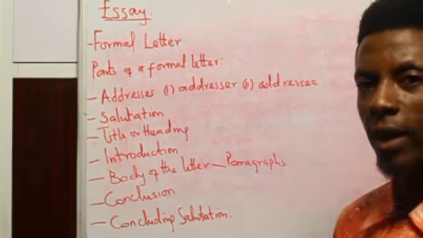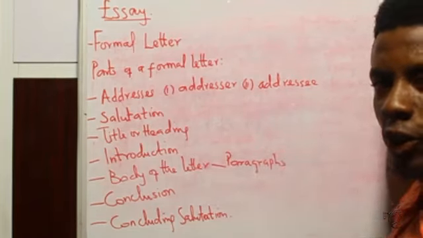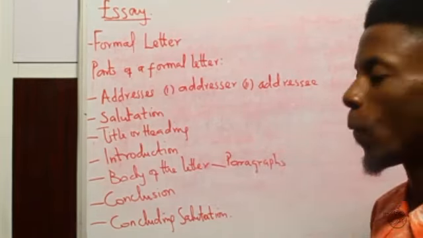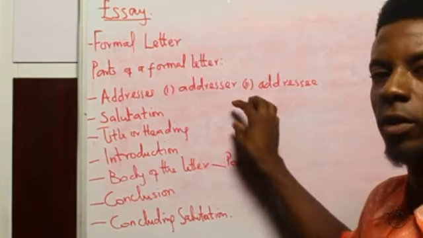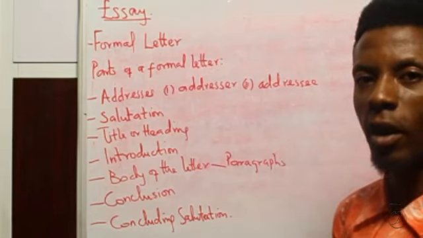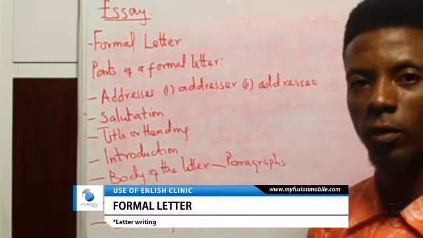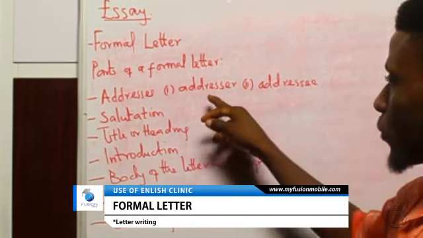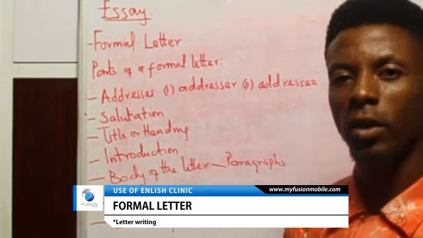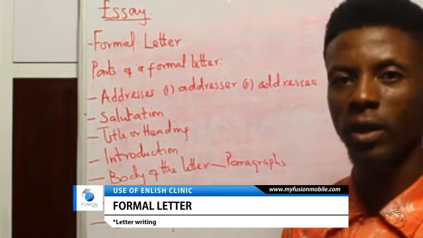The address of the writer is written at the top right corner of the sheet or the paper that we are using, while the address of the receiver is written on the left hand side of the paper below the address of the writer. We should also take note that the address of the writer is inclusive of the date on which the letter is written.